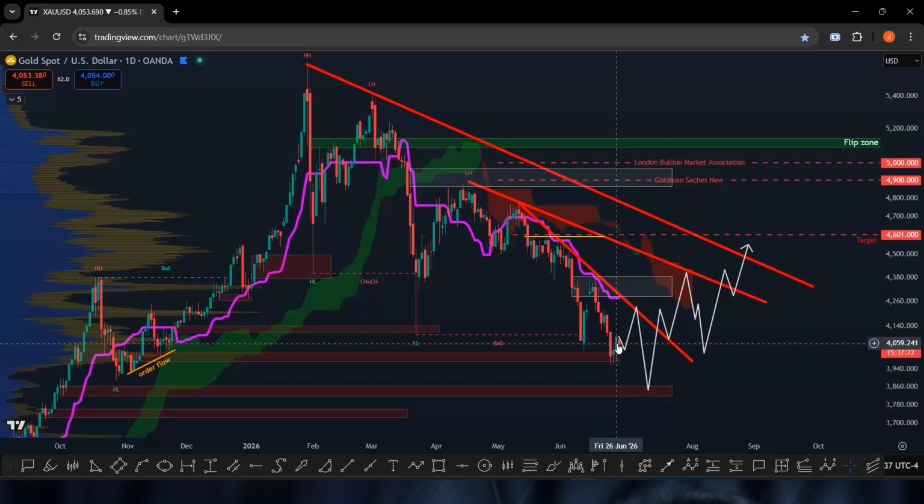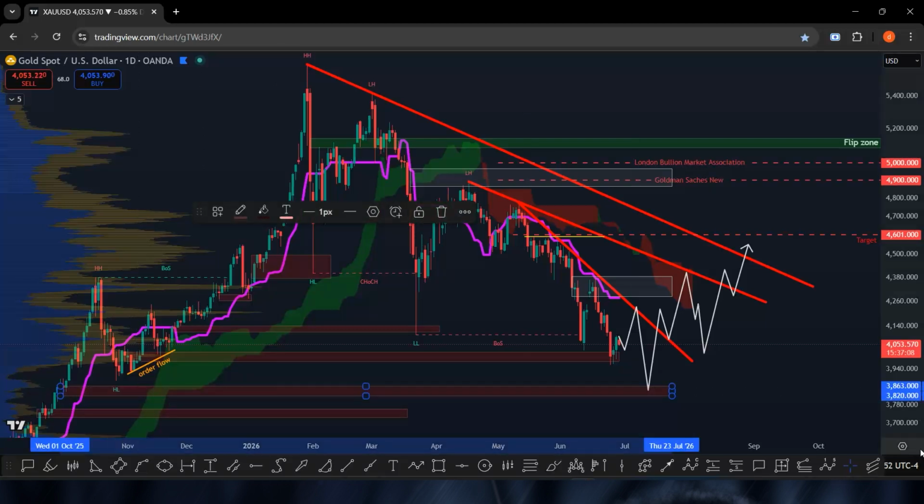So I'm predicting that probably we'll see some kind of pullback going upside, hitting this strong trend line, plunging to the downside, testing this order block here, bouncing to the upside, formation of some kind of structure to form a base.